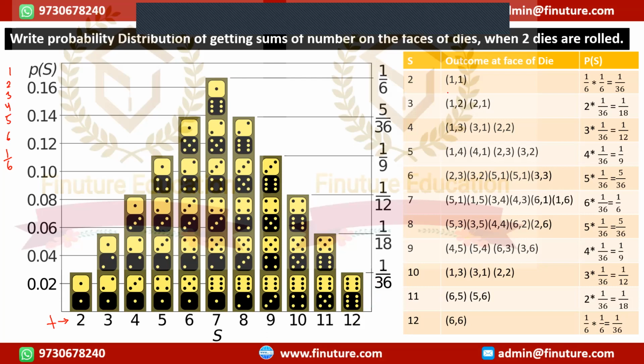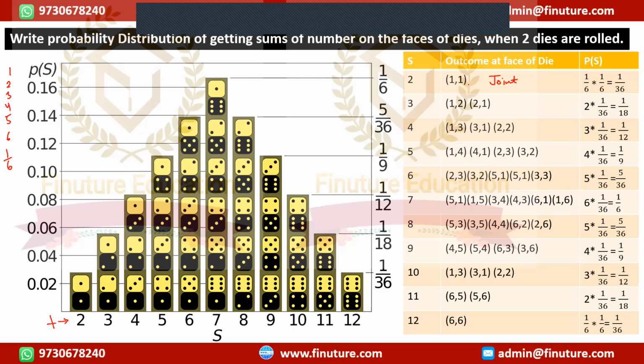Let's have a look. On the first die, you get 1, and on the second die, you get 1. So what is the probability of that? Here we say having 1 on this die and 1 on that die, and when I say and, it is termed a joint probability in the probability space, and usually these probabilities are multiplied.